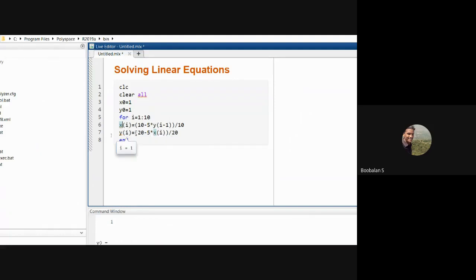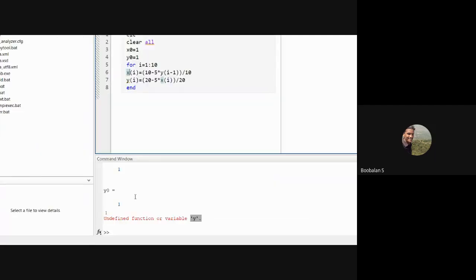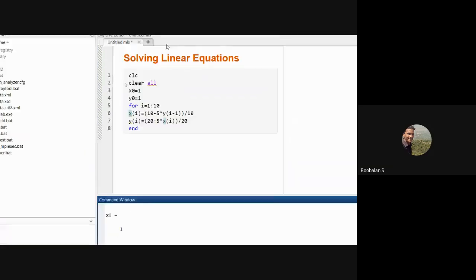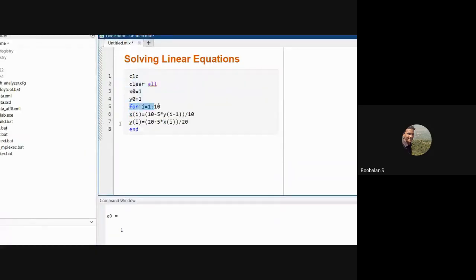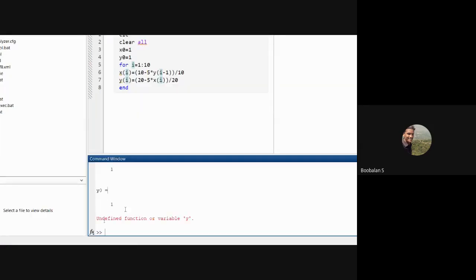And y1 equal to, actually there is an error here. These two comments worked, no issue, and after this also it worked. But the error is at this place. y0 is initially y1, that is now y1. x1 is also 1, but it doesn't accept it, so it's an undefined function or variable.